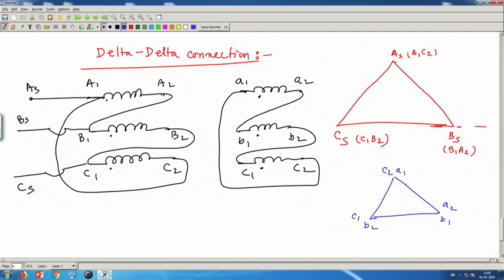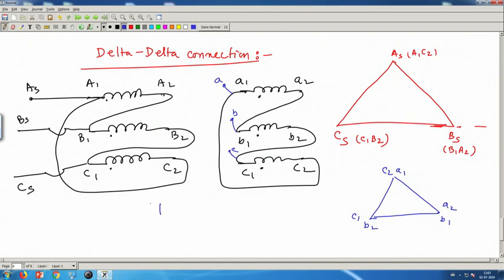To be consistent, I will take output from A1, this I will call A, this I will call B, this I will call C. What do you think?